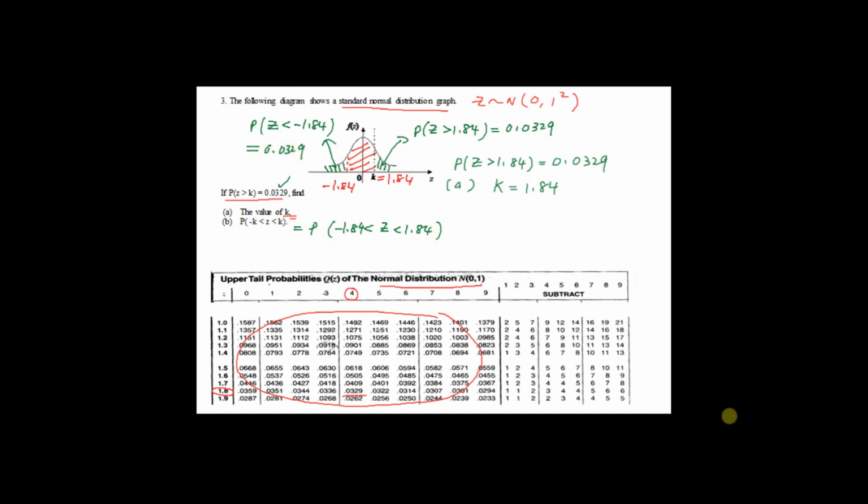So to find this probability here, you can use the total probability 1 minus the probability for z more than 1.84, that is 0.0329, minus the probability z less than negative 1.84, which is also 0.0329. This equal to 0.342.